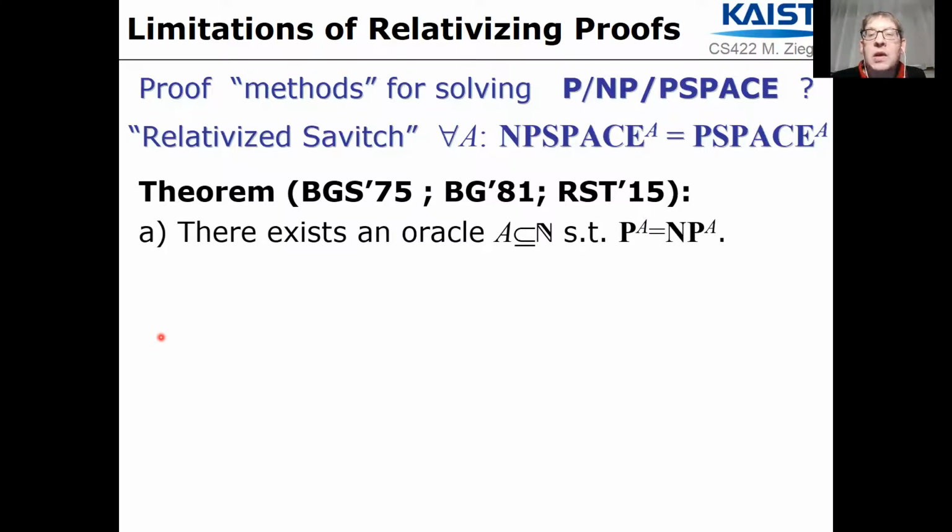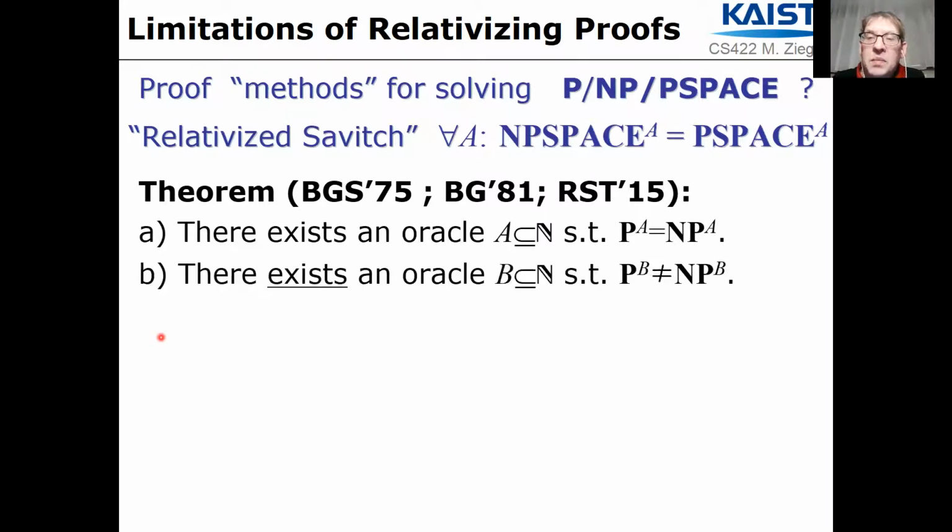So there exists an oracle relative to which P is equal to NP. So we cannot use relativizing proof techniques to prove P different from NP. Well, can we use these techniques to prove P equal to NP? Unfortunately, neither that.